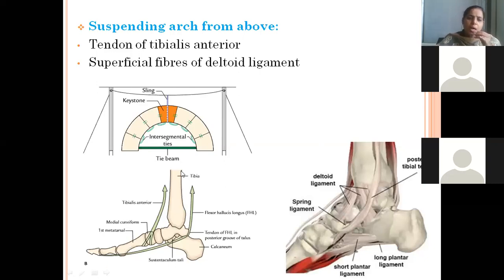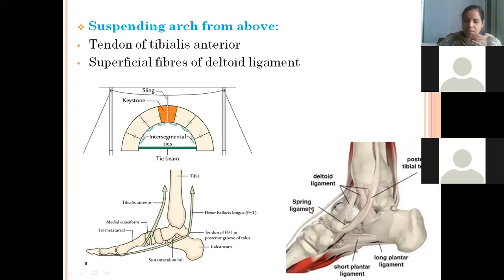Now, suspending arch from above, that means something is lifting. Something you are finding which is holding you up from above. So which tendon is holding from above? You are finding one is tibialis anterior and superficial fibers of deltoid ligament. Where did we come across this word deltoid ligament?